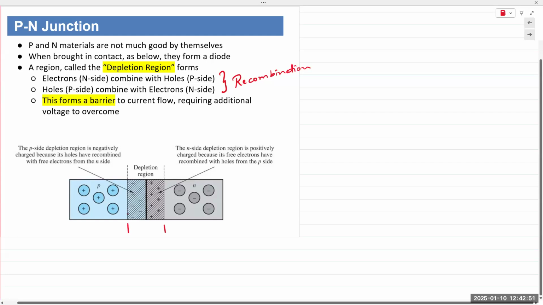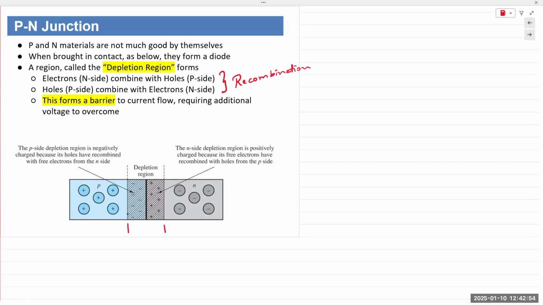And so there is a region that develops right here at the junction, completely devoid or depleted of all charges. Hence, it is known as the depletion region.